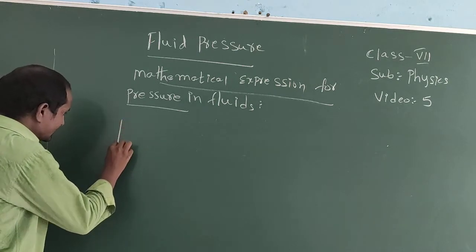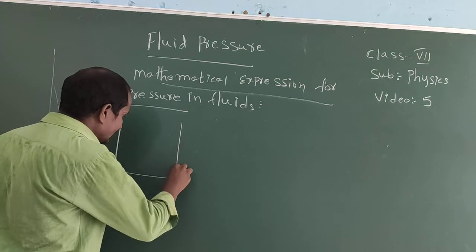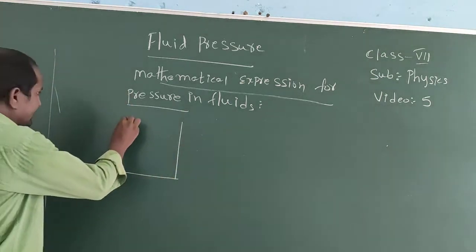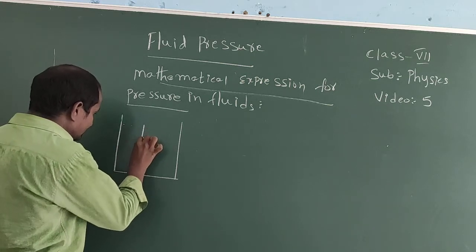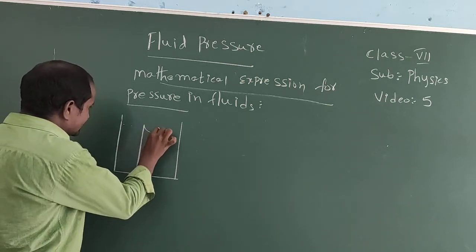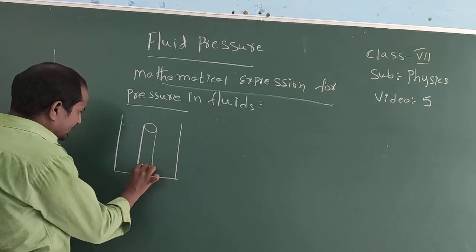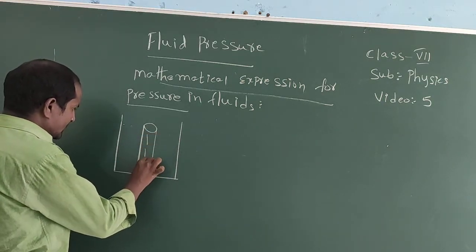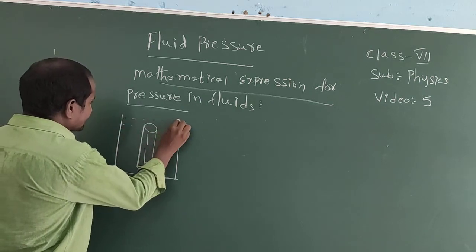Let us consider a figure. It is filled with a liquid of density equal to D, and its area of cross section equal to A. Now the height of the liquid equal to H. It is the free surface.